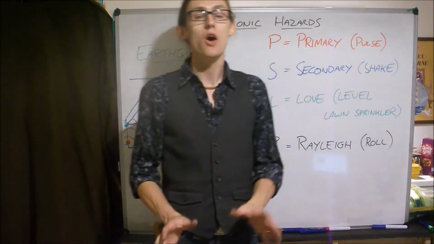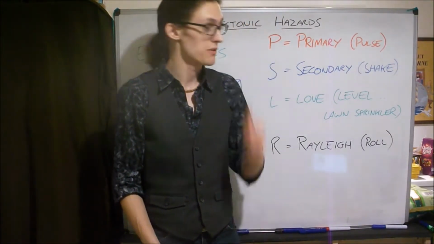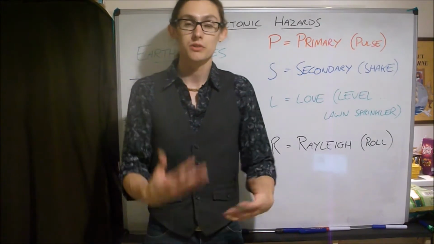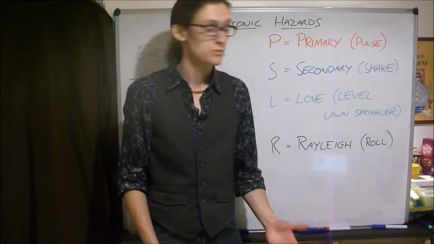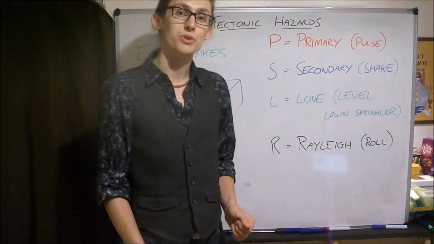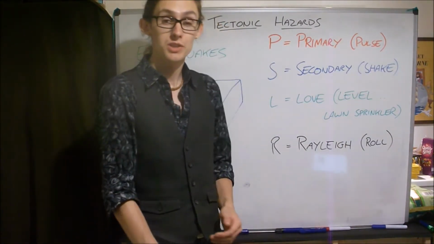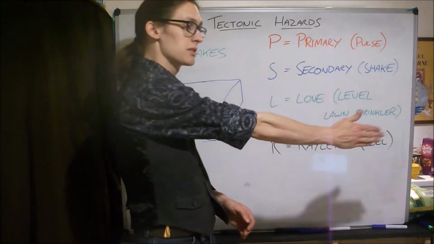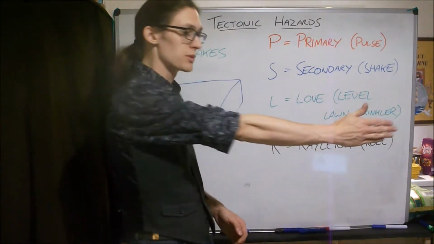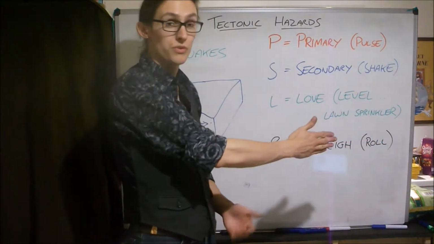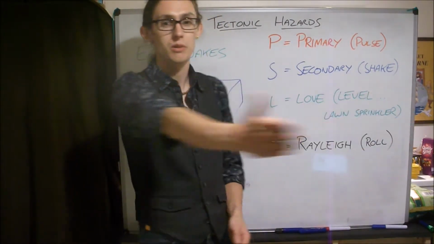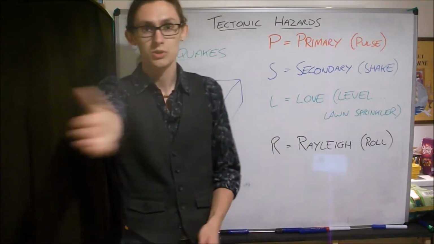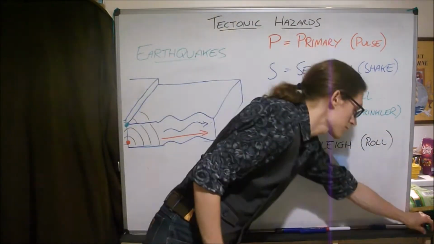Next up, you've got the love wave, the L wave. If you're thinking of a way to remember it, you can think of it as the level wave or the lawn sprinkler wave, because this one moves side to side, kind of like a lawn sprinkler goes side to side on a lawn, or if you're thinking a bit more sensibly, it goes in a level plane. It doesn't go up and down, it just goes in a level way.